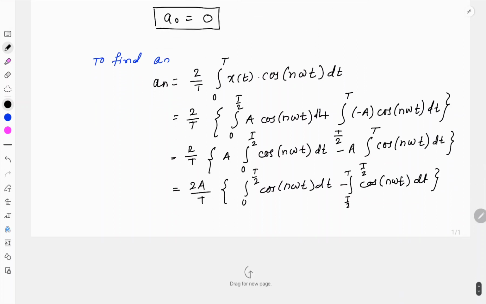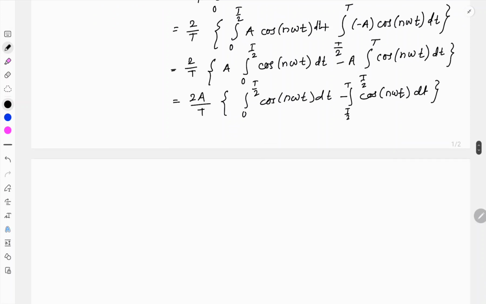If we integrate this equation now, we get 2A upon T as it is. Integration of cos is sin n omega t divided by n omega.